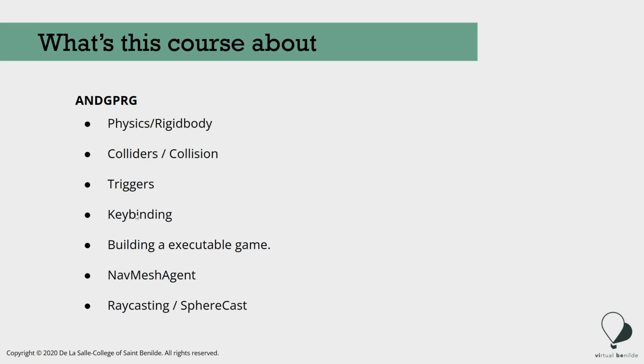Key binding, so that you have movement of a user input to like movement in game or something, right? Building an executable game. So parang gagawa kayo ng game, then you're gonna build it so that you could run it on your Android, hopefully. Then you have nav mesh agents, which is all about AI.